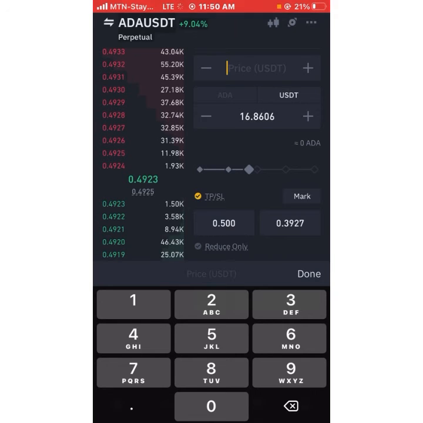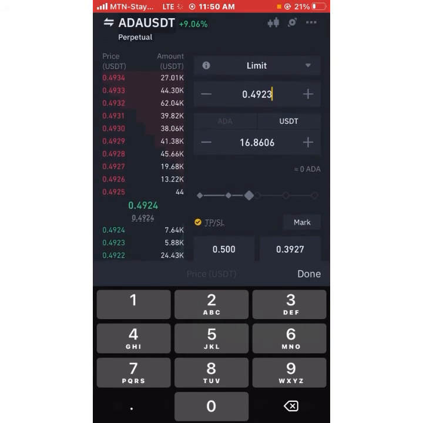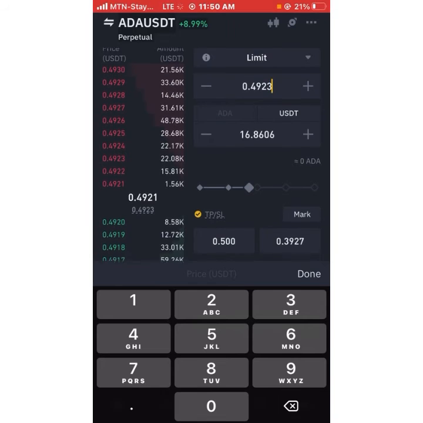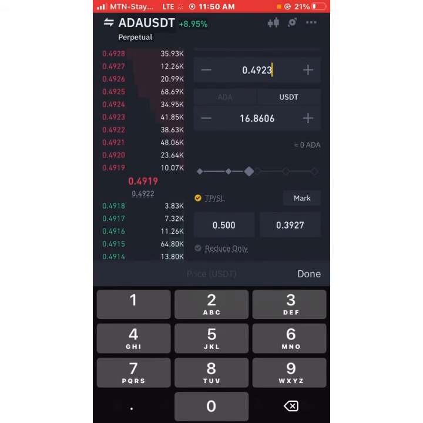Okay, let's select this particular price. What I'm saying is that I'm placing a buy order under this limit. I'm placing a buy order of 0.4923. I want to enter the market, and that is the current market price. When the system buys for me, it should buy for me at this particular price, as this current market price.